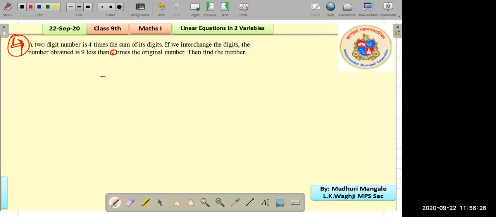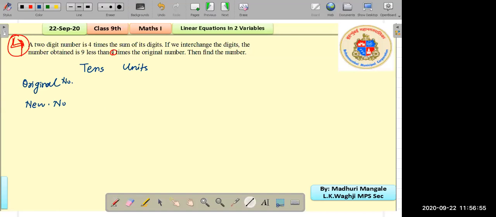Now for this type of problems where two digits are involved, we set up the problem by using a table. When we look at a two-digit number, there is a tens place and a units place, right? And overall, the question is on the original number and the new number, that is the interchanged number.